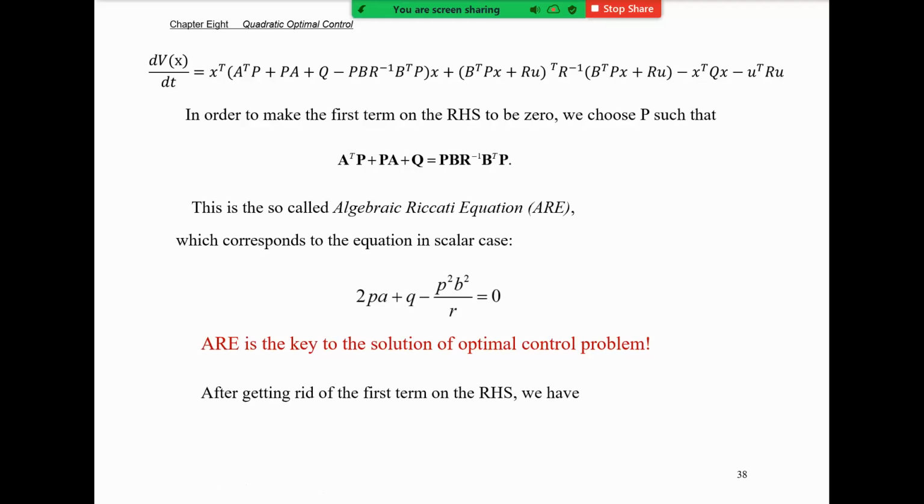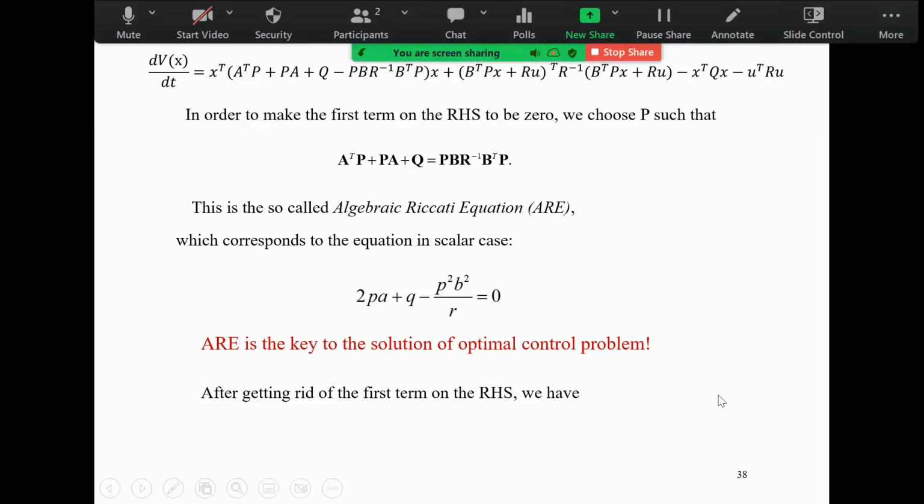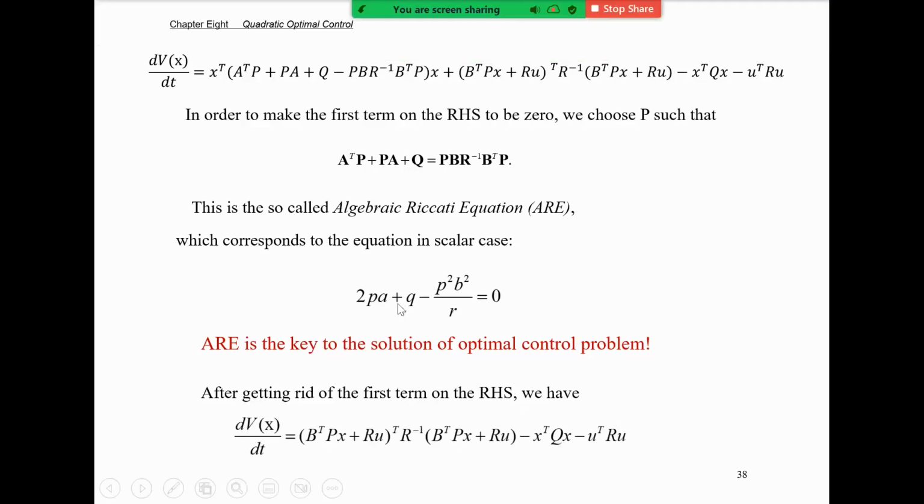Basically, we just follow what we did for the scalar case. But because the scalar becomes a vector, and the scalar becomes a matrix, more complication is involved. I just try to show those complications, but the overall idea stays the same. So this term disappears. This is what we have now for the expression of the change rate of the Lyapunov function.